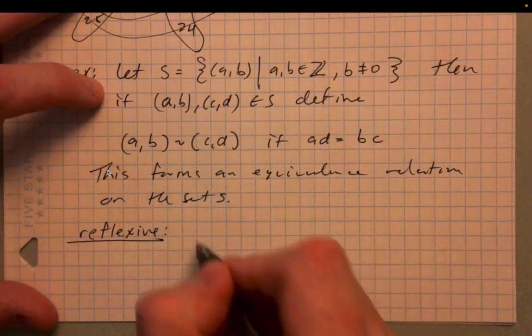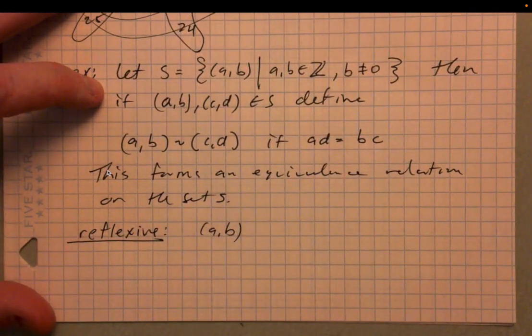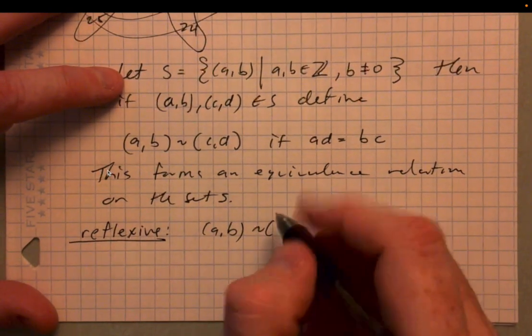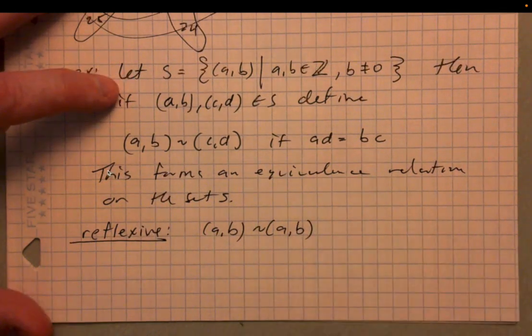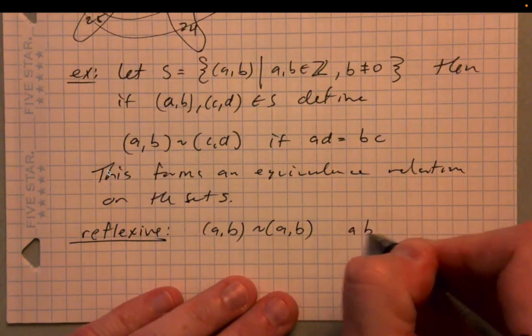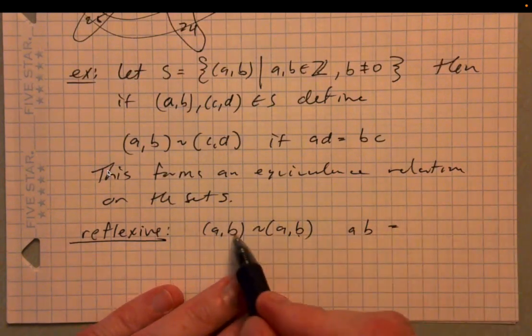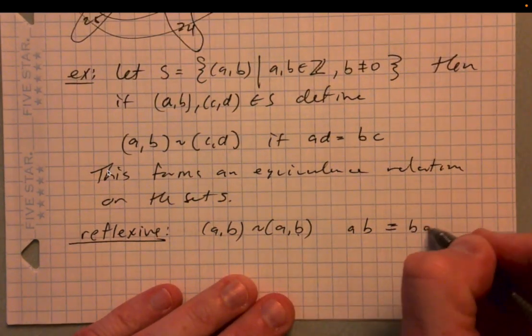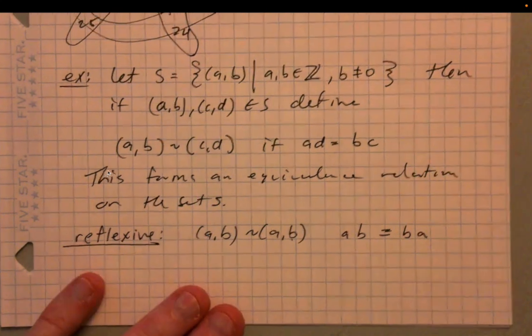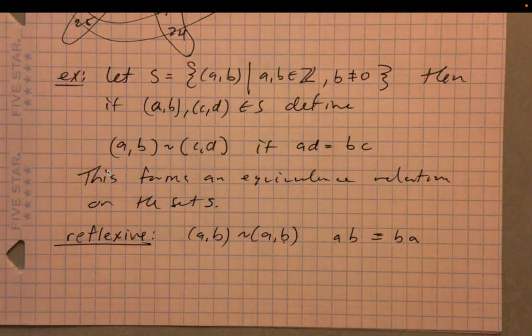(A, B) is equivalent to (A, B), obviously, because the two outer ones, A times B, is obviously equal to B times A. That one's straightforward. So A times B equals B times A, so (A, B) is equivalent to (A, B).